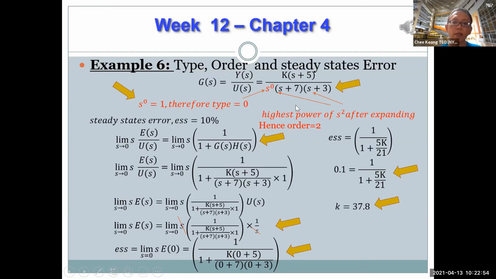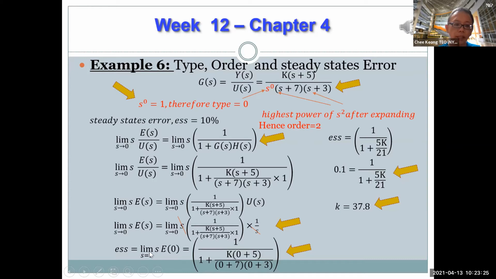Now, for the steady state error, we again must apply the limit theorems, and we know that the error will be 1 over 1 plus GH, right? And then if you bring the input step function over to the right-hand side, you have the s term cancelled with the 1 over s term. If you plug in the expression here, assuming unit step function and unit feedback, our H will be 1, so it's multiplied by 1.